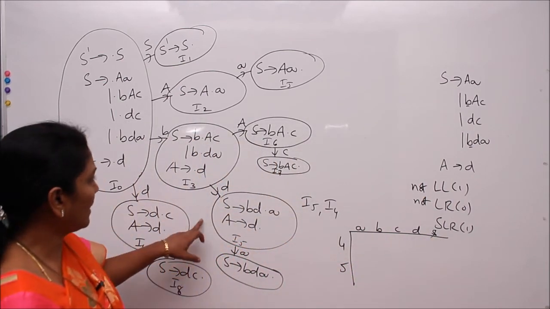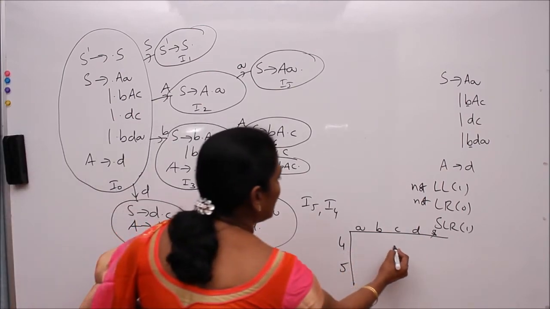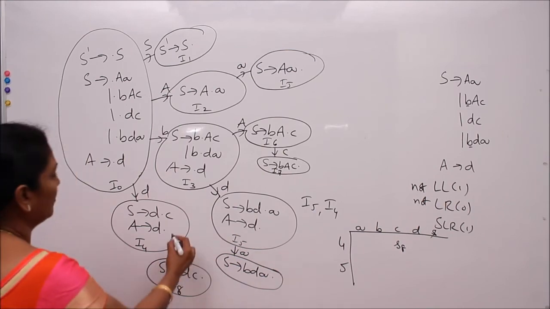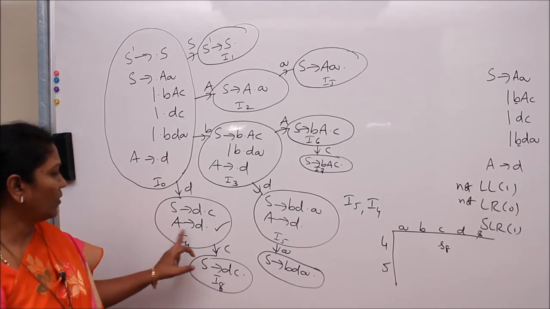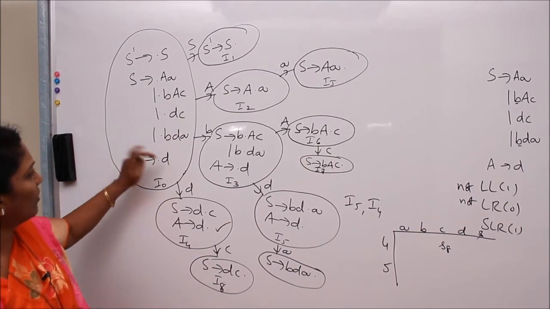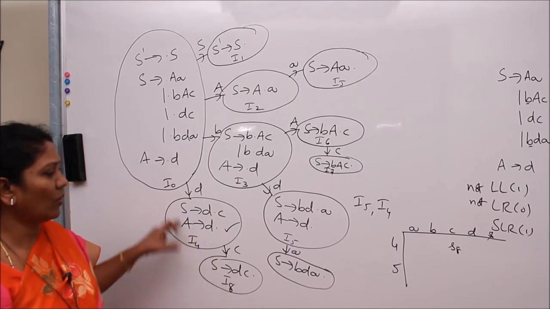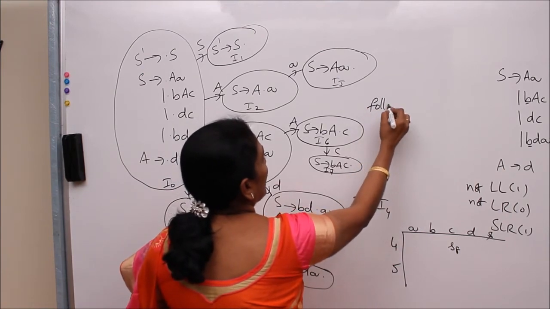So if you take state 4, 4 on C is S8. Now what are the reduce entries here? Shift entry is on C. Reduce entry is A to D. A to D is number what? 1, 2, 3, 4, 5. R5. Place R5 in follow of A. So what is follow of S?